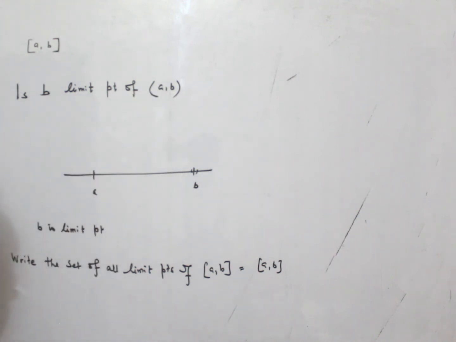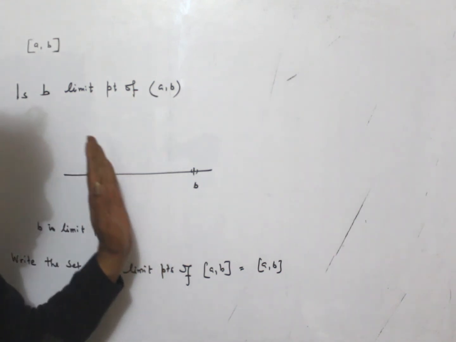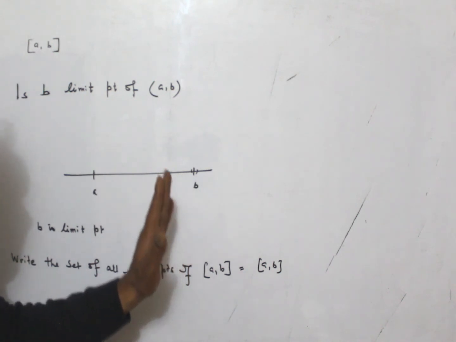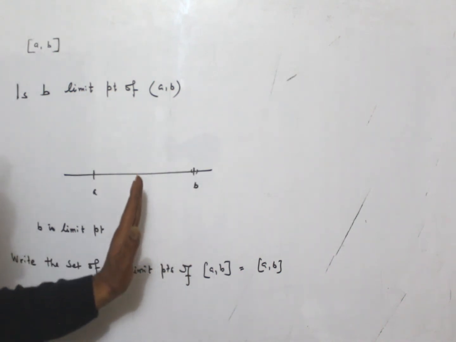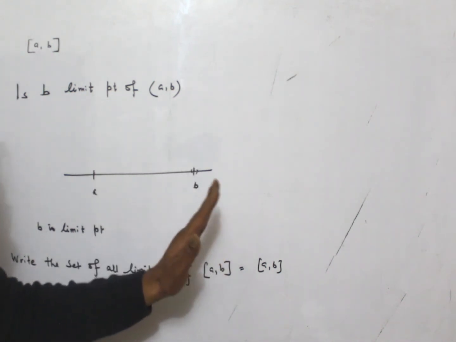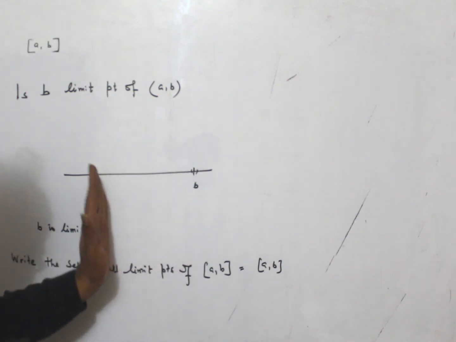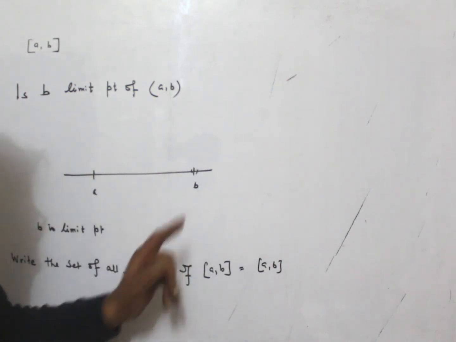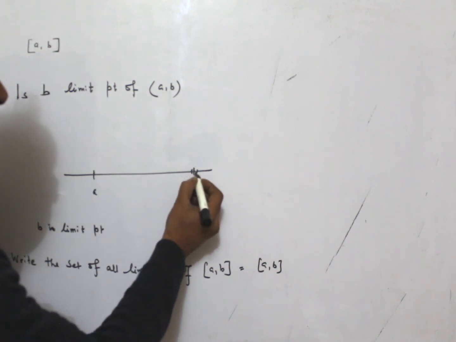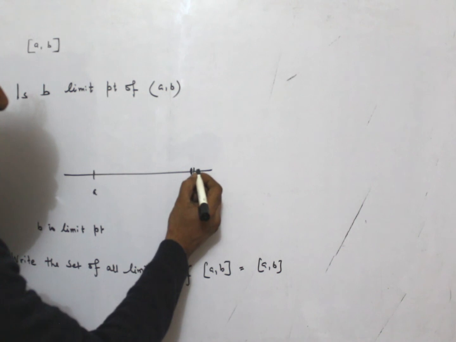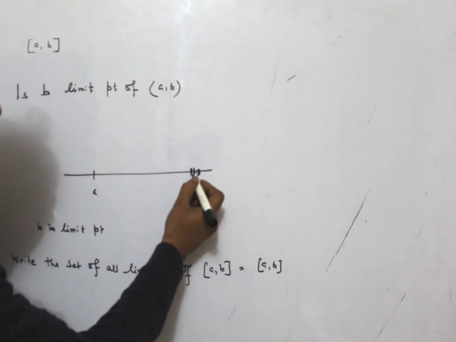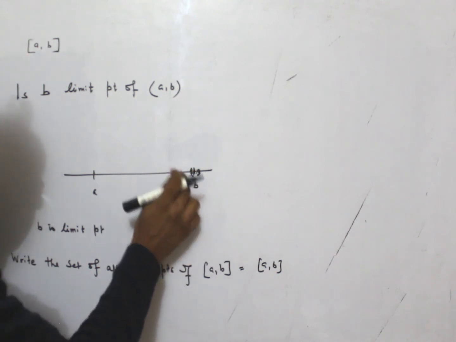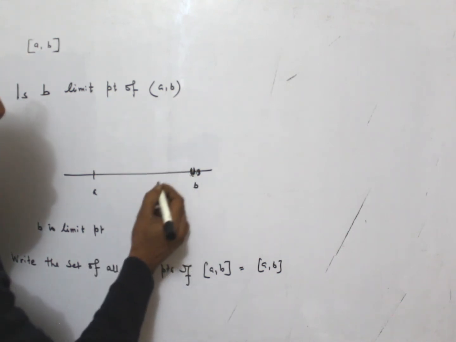But still you see B is at a limiting position. That means before B, all the points lie in the neighborhood. If I draw a neighborhood, then many points of this interval, excluding B, are in this neighborhood.